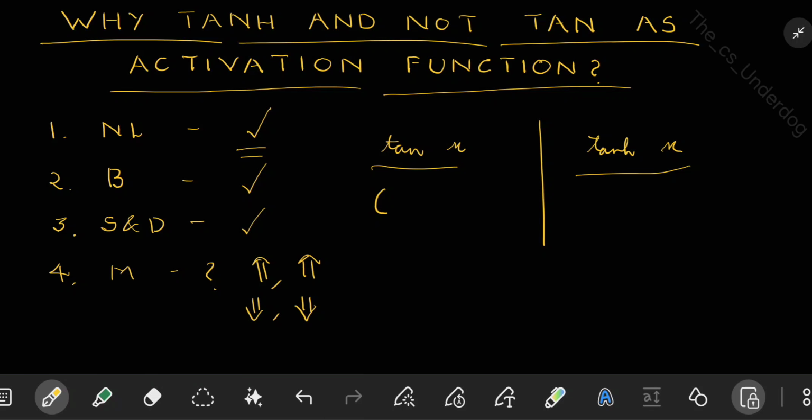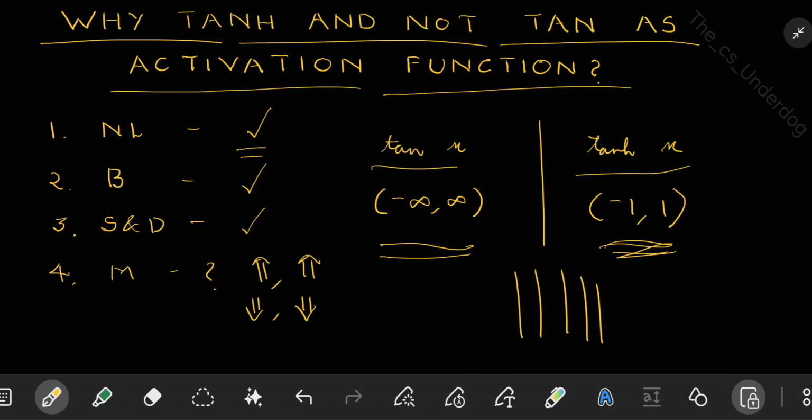In case of tan x, we already said it is from minus infinity to infinity. And in case of tan hx, it is from minus 1 to 1, which means tan x can take any value from minus infinity to infinity, and tan h, the hyperbolic tangent, will take values only between minus 1 and 1. So as we just explained before, the explosion issue, the values exploding, won't be there if you choose tan h.